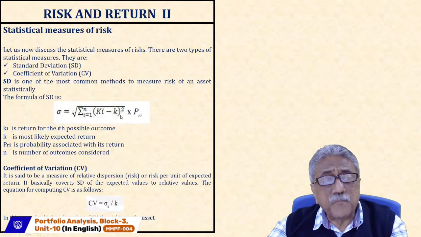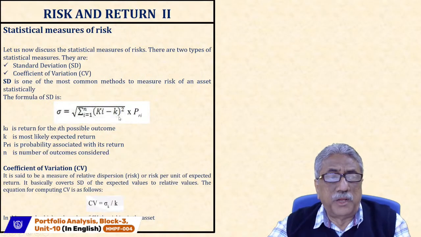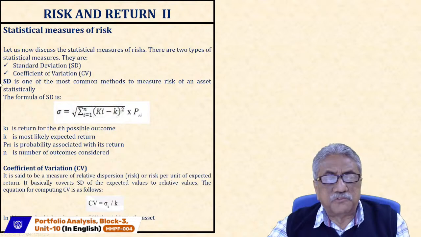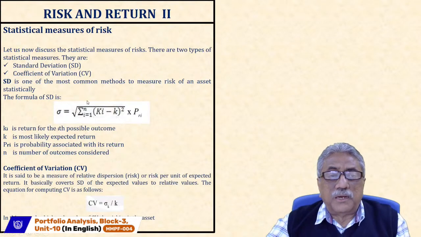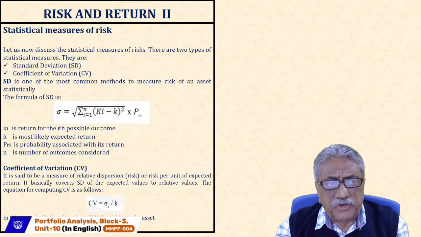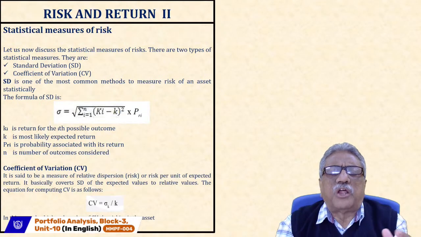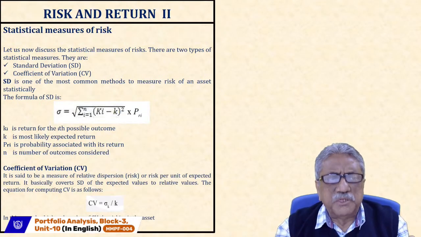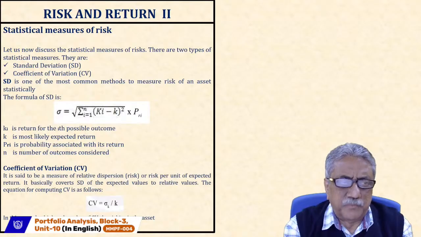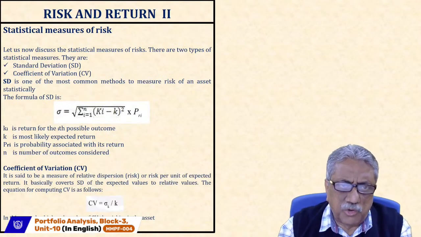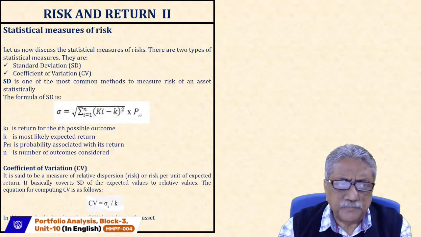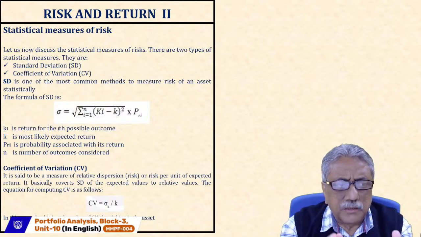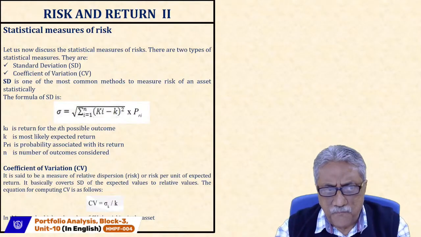So with the mathematical formula, we can find the value of standard deviation, but the crux of it is that if it fluctuates too much, that means that stock is risky. We do not like too much fluctuation in our returns. That's the crux of the thing.